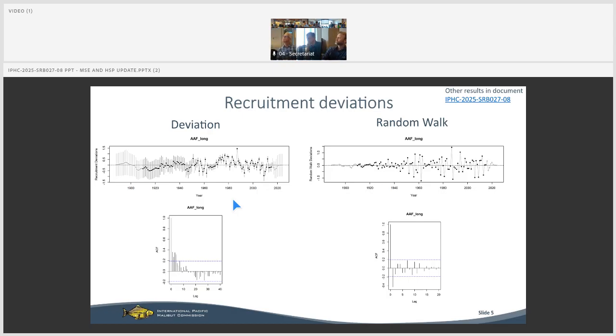This plot up here is showing those deviations from the stock assessment model itself. You see that the horizontal line is centered on 0, and it's a deviation from the average recruitment, noting that average recruitment is also changing. So it would be interesting to figure out a way to plot that.